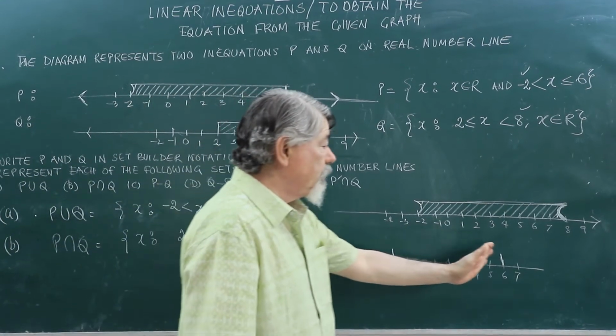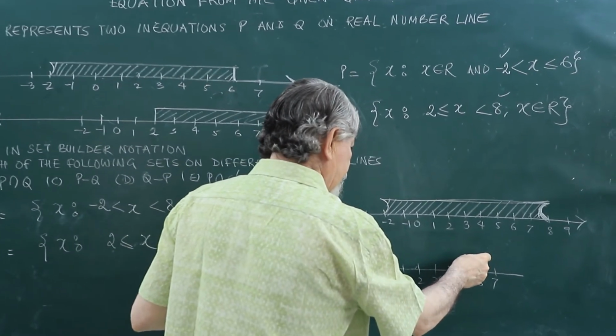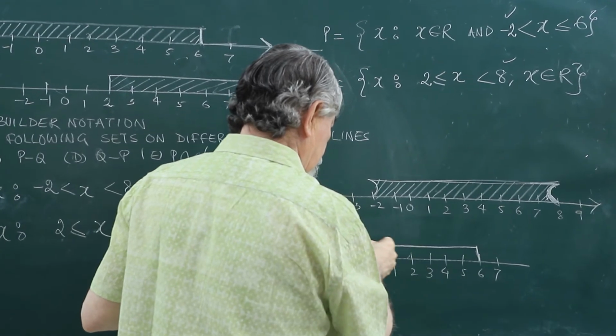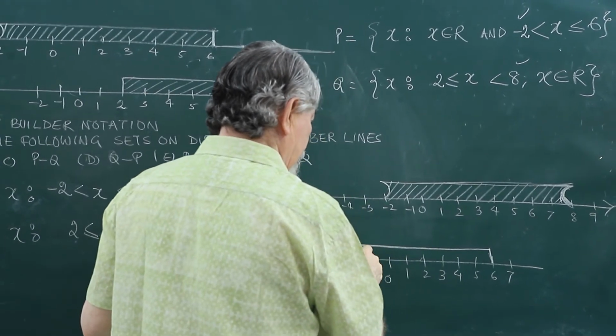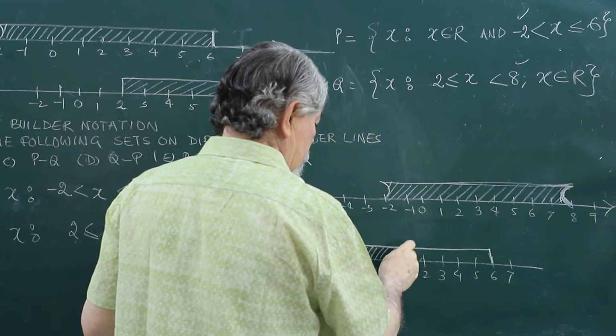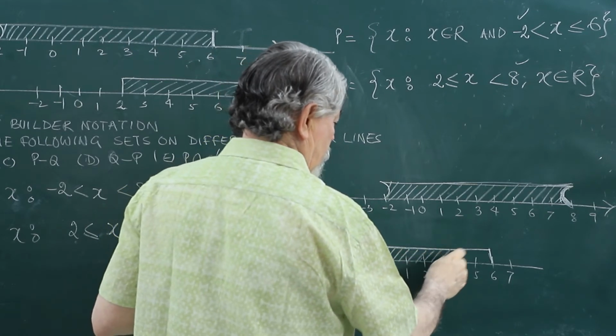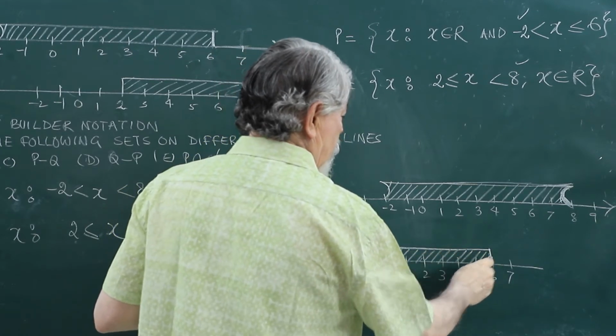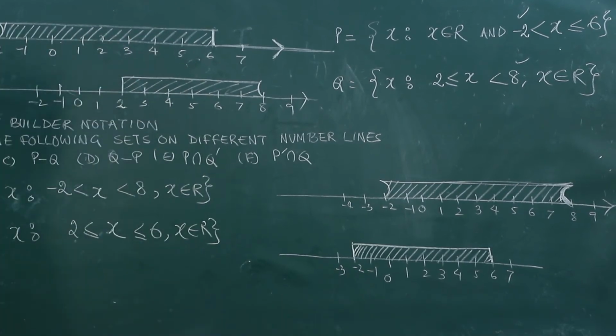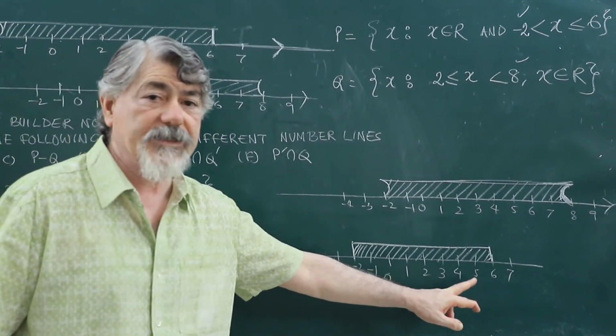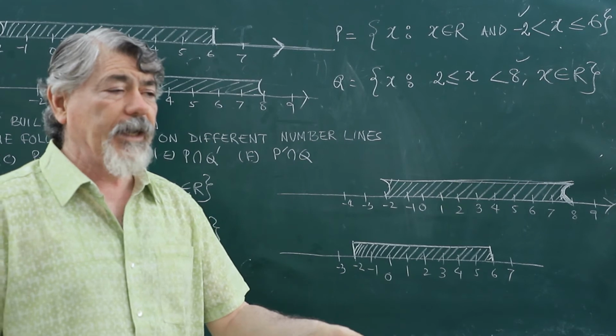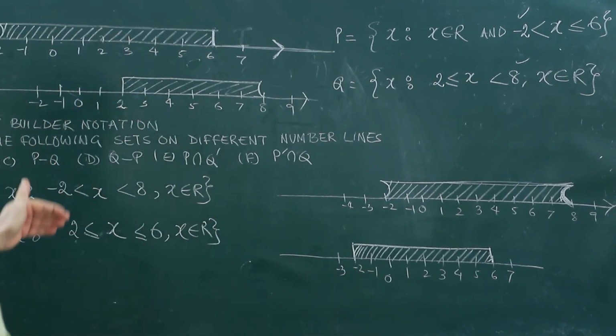That's why we have drawn perpendicular lines on top of 6 as well as -2. So all the elements between -2 and 6, including -2 and 6, are part of P intersection Q.